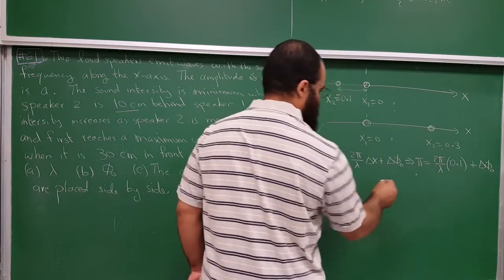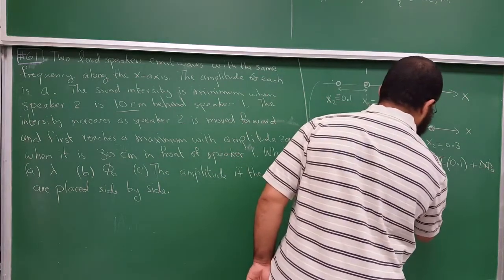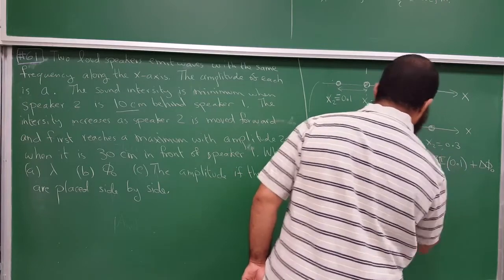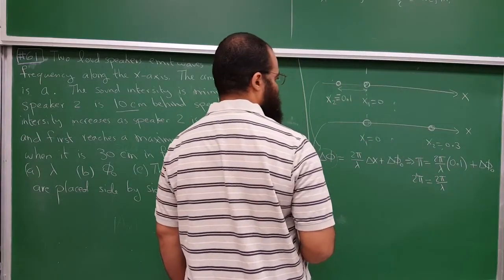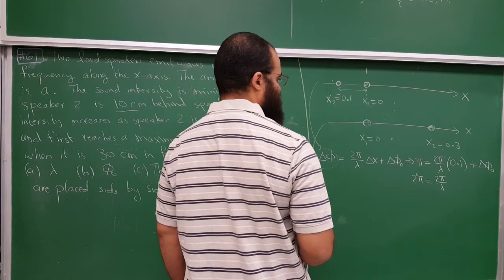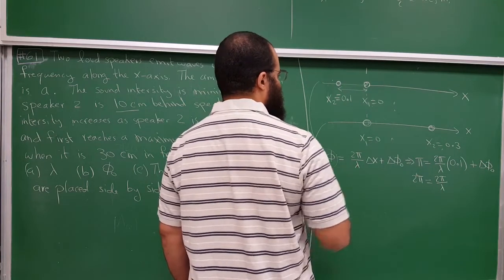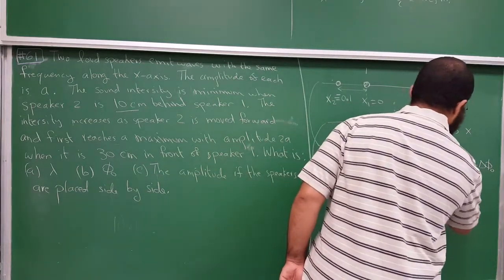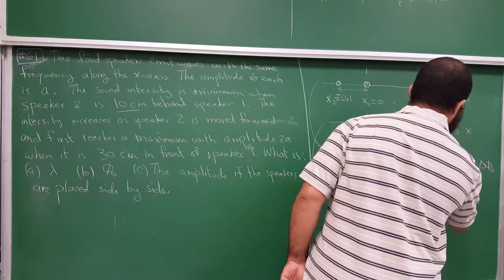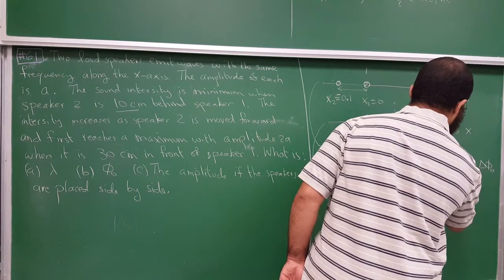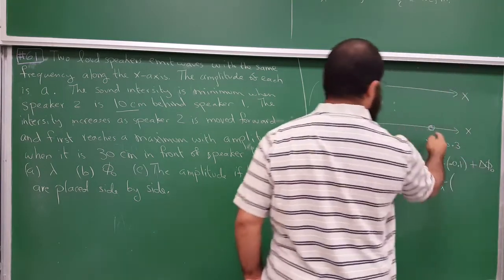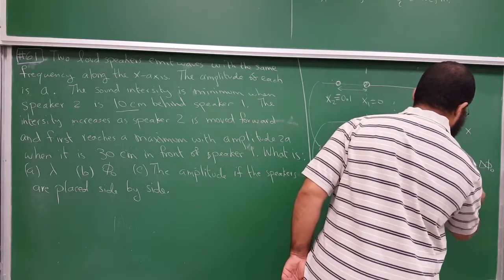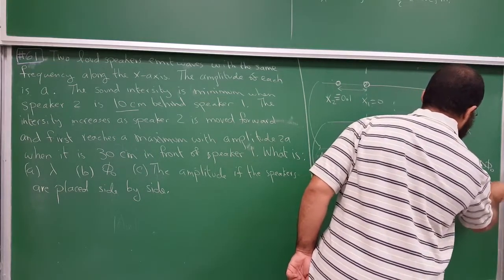So I have 2 pi equal to 2 pi over lambda times delta x. Delta x will be, I'm sorry, here x2 minus x1, so it's behind it. So this will be negative 0.1. And in here, x2 is in front of x1, so it is positive 0.3, and then delta phi 0.